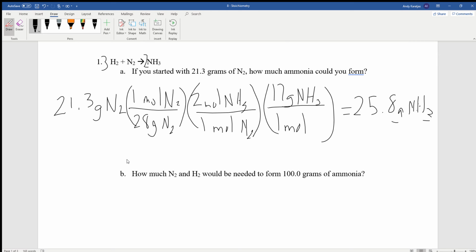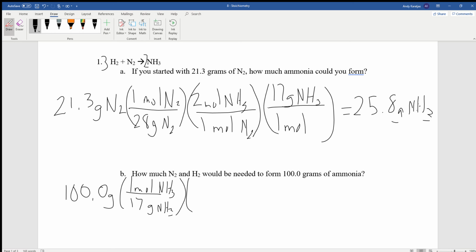So that's going to be 2 separate calculations. Both of them are going to start by converting grams of ammonia to moles of ammonia.